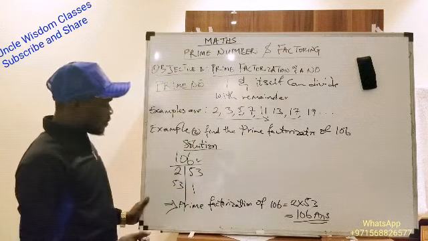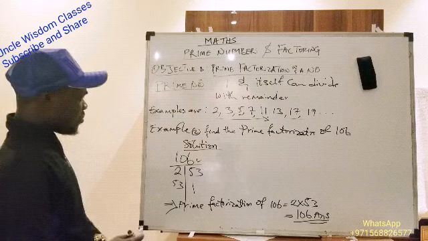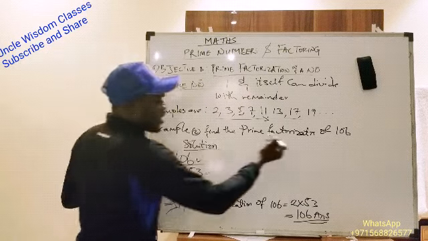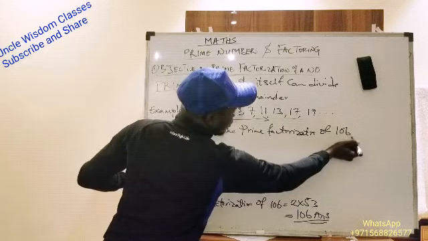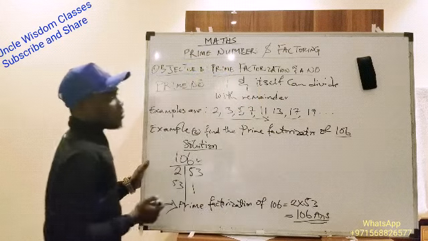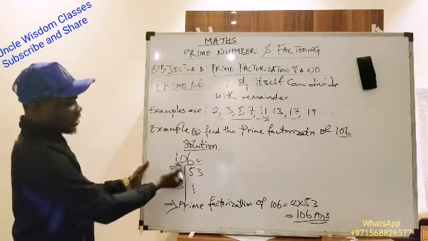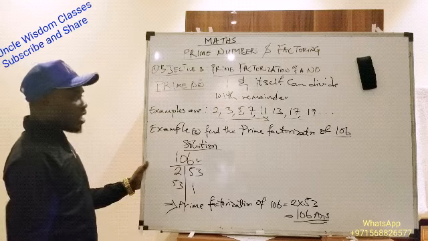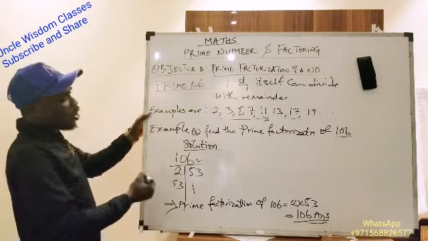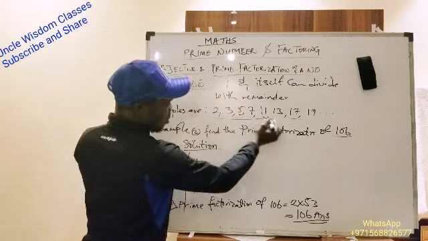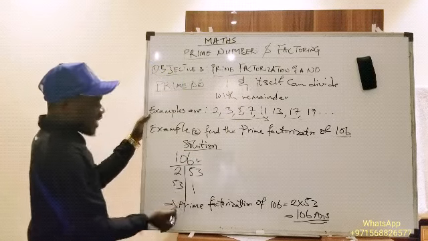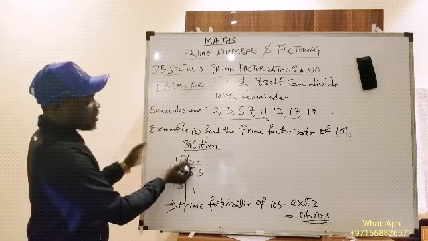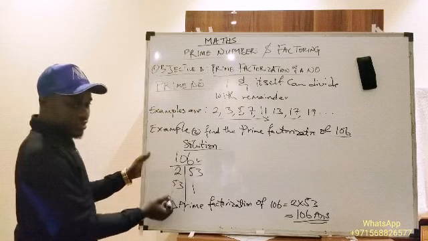You understand? I repeat. To find the prime factorization of 106, we use the T diagram. Our aim is to use all the possible prime numbers here that can divide 106 without remainder.